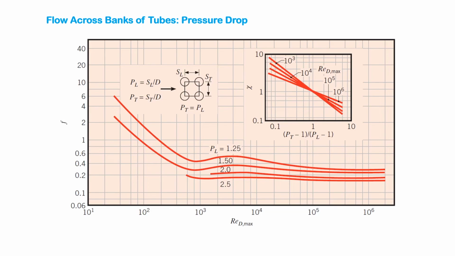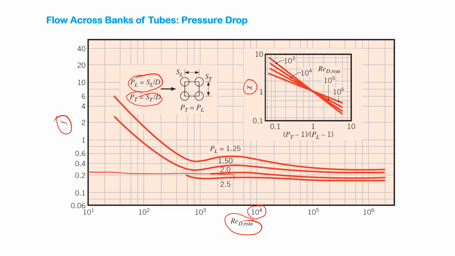So let's take a look at the friction factor. It is fairly easy to read. You calculate the Reynolds number, okay? And after you have the Reynolds number, you calculate PL. This is defined as SL over D, and PT is defined as ST over D. So what you do is you read your PL value, and then from the PL value you read the friction factor.